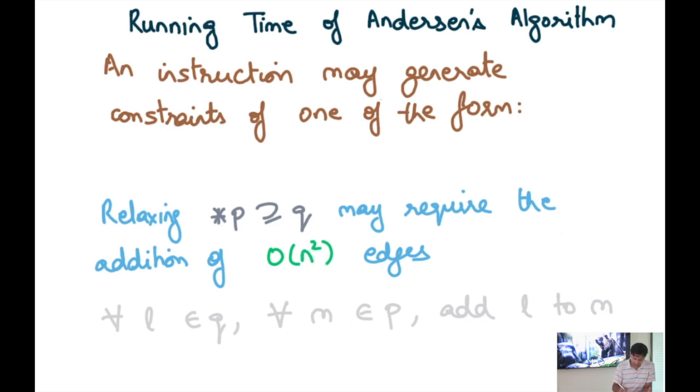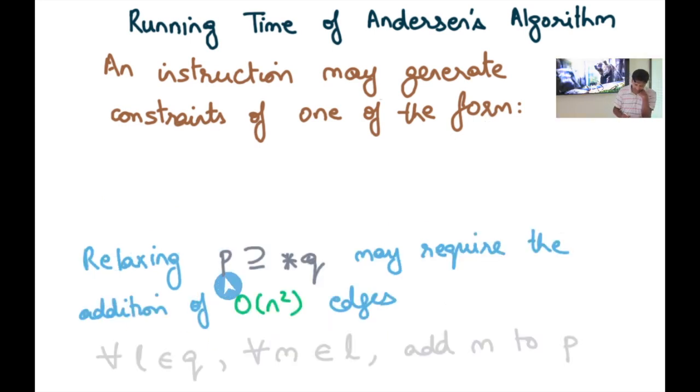Just to clarify this, let's say Q was pointing to order n stuff, P was pointing to order n stuff, then each of these elements here, let's say 1, 2, 3, need to be added to A. Similarly, each of these elements 1, 2, 3 need to be added to B, and each of these elements 1, 2, 3 need to be added to C, and so on. And so that's order n square.